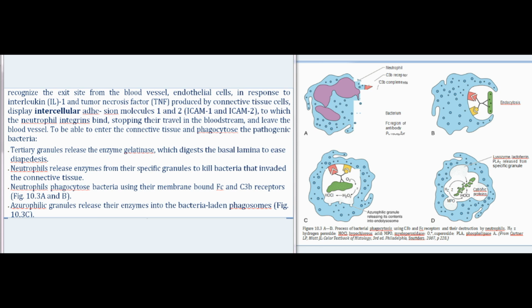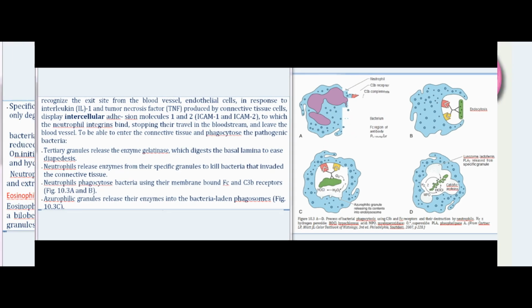Neutrophils release enzymes from their specific granules to kill bacteria that invaded the connective tissue. Neutrophils phagocytose bacteria using their membrane-bound Fc and C3b receptors, Fig 10.3a and b. Azurophilic granules release their enzymes into the bacteria-laden phagosomes, Fig 10.3c.